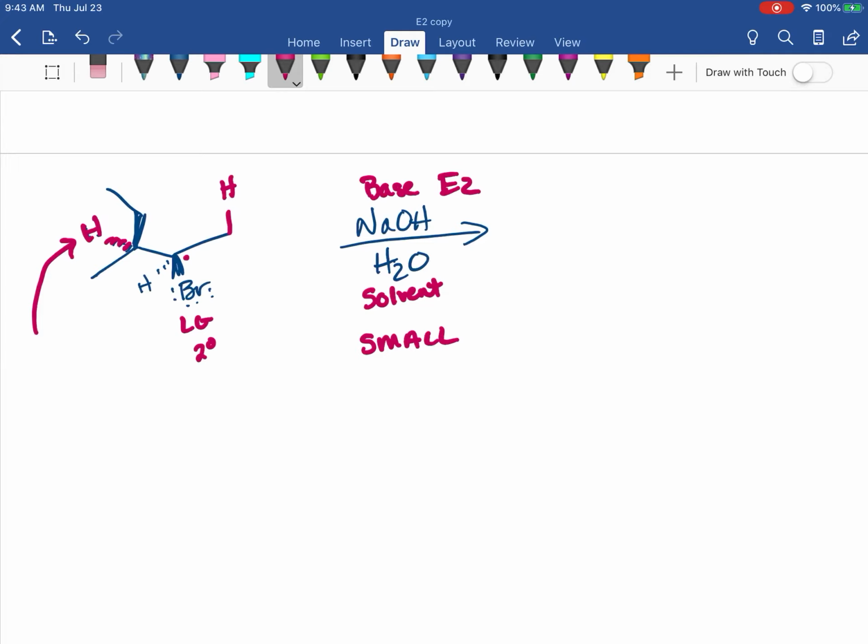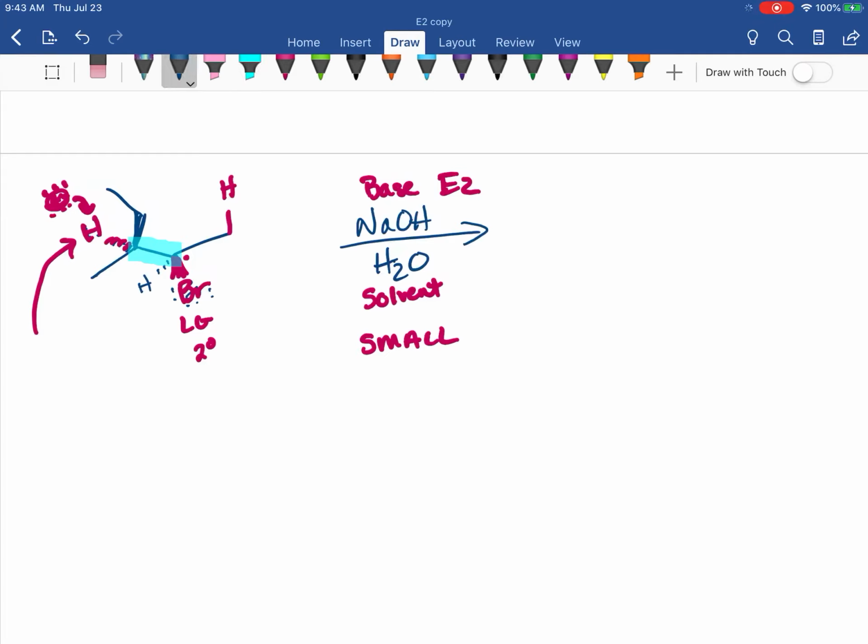Okay, now this is a situation where we need to use a Newman projection because our leaving group and our beta hydrogen need to be anti-periplanar. So we would take a model set and we would model this, and we would put our eyeball, if we want to follow our last drawing, right here on that carbon, and we need the Newman projection where we're going to make the double bond.